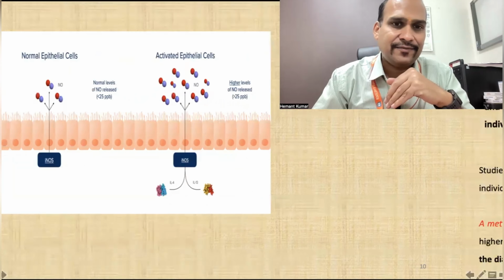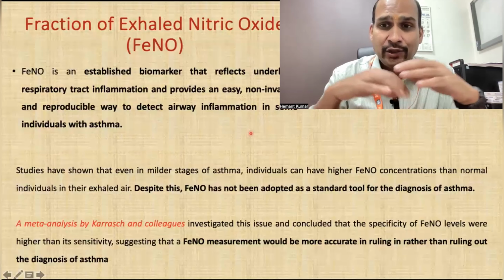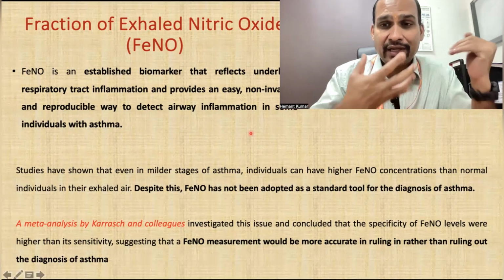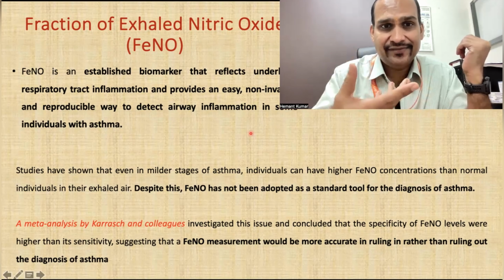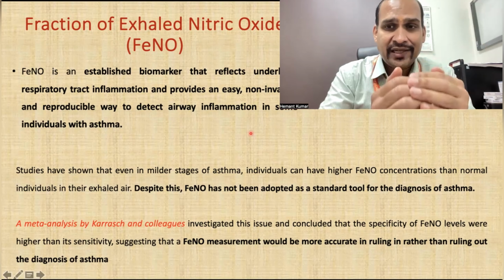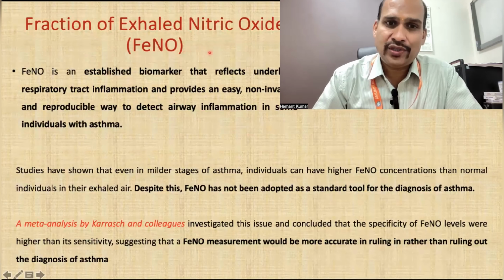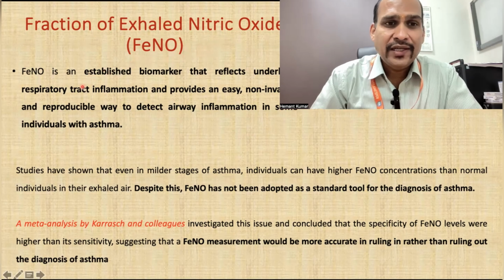This is excess. This excess amount of nitric oxide we can measure in our exhaled air, on exhalation. So this test is called FeNO, that is, fraction of exhaled nitric oxide. This is an established biomarker. Which one? Nitric oxide.